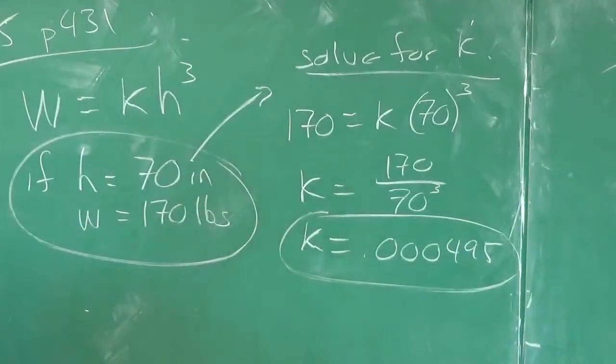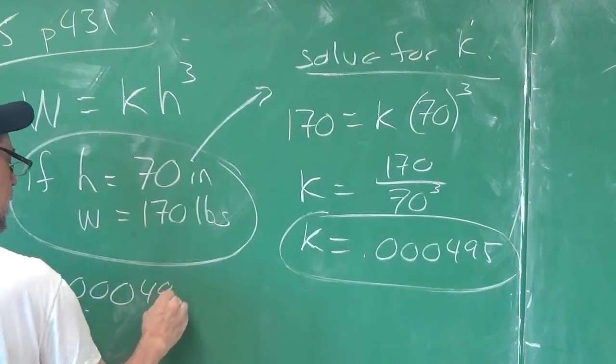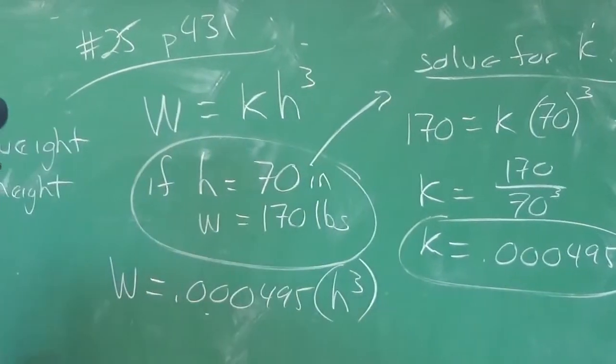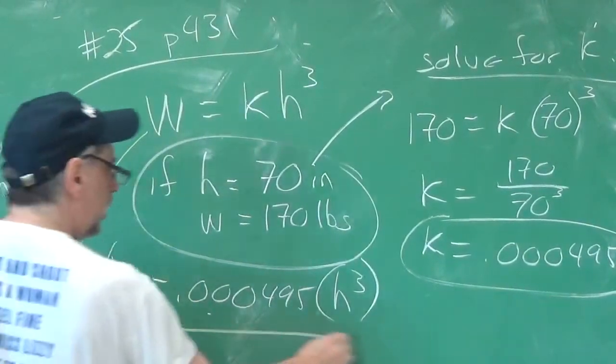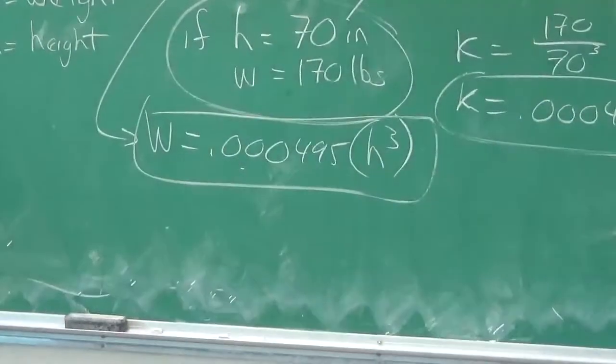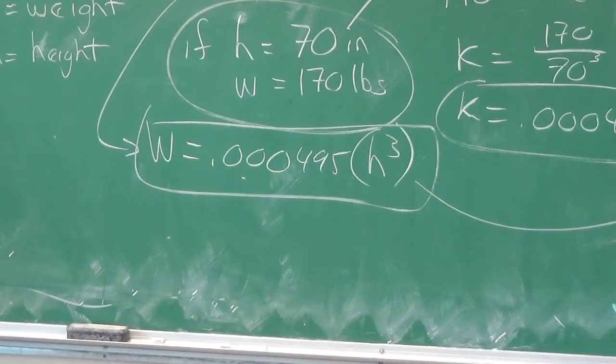Okay, so we're going to say W equals 0.000495 times H cubed. So that is the direct variation equation. And we can now use that.